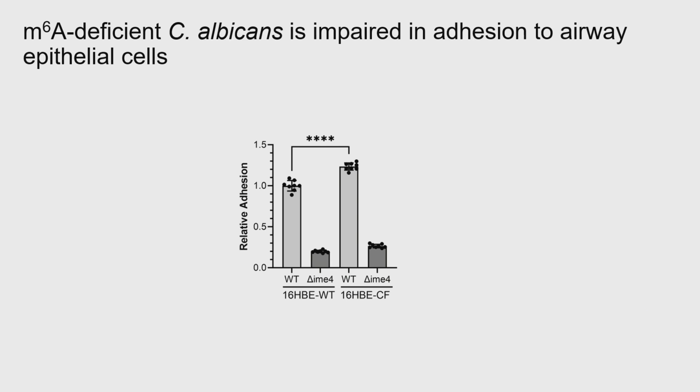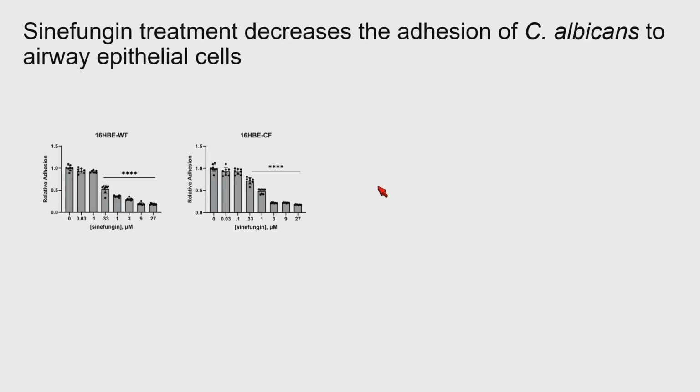First, we looked at the adhesion of Candida to wild-type or CF cell lines, and we see that compared to the wild type, the m6A-deficient Candida cannot adhere to these cell lines very well, both wild type and CF. An interesting observation was that wild-type Candida binds better to the CF cell line than to the wild-type one, and that's something we are looking into at the moment.